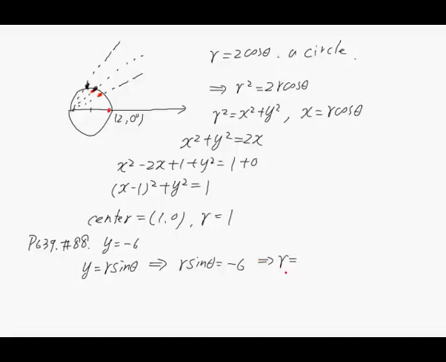Then we have the polar equation for this graph, that is -6 over sine theta. So definitely, in this case, for this line, the polar equation is much more complicated than the rectangular equation, right? But for the line going through the pole, the polar equation is extremely simple. Let's move to the next page.